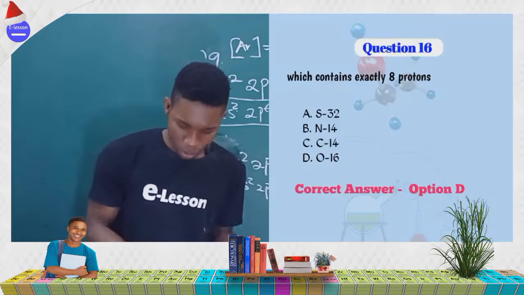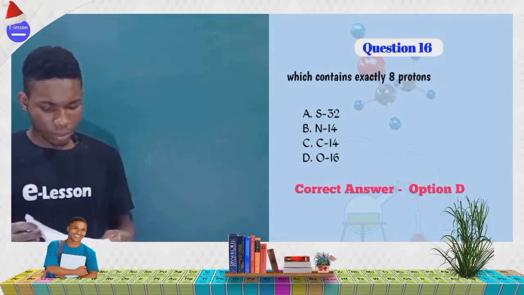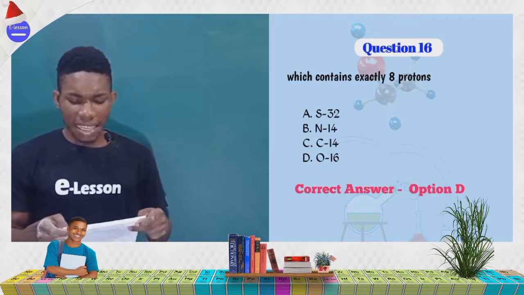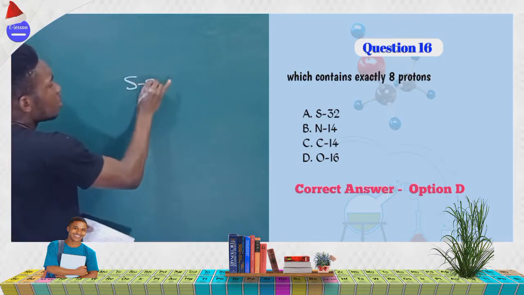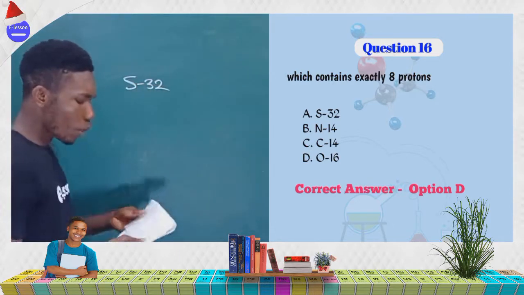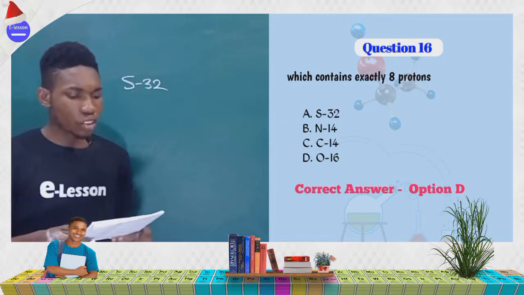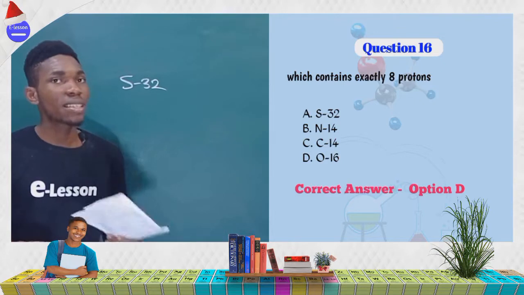The next question says, which contains exactly 8 protons? You have sulfur 32, then you have nitrogen 14, carbon 14, oxygen 16.